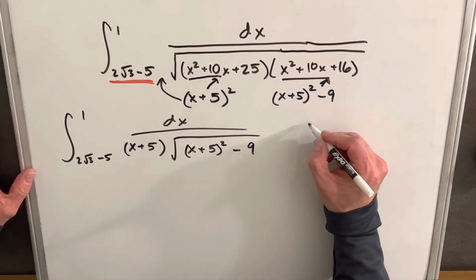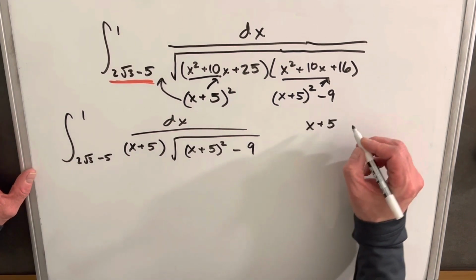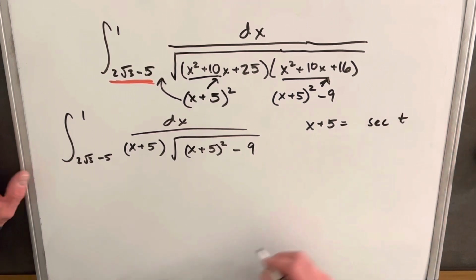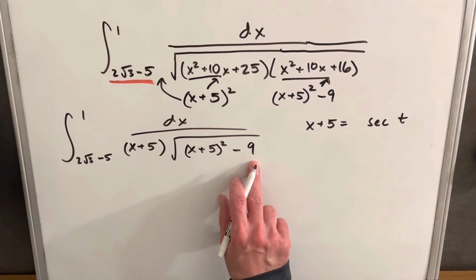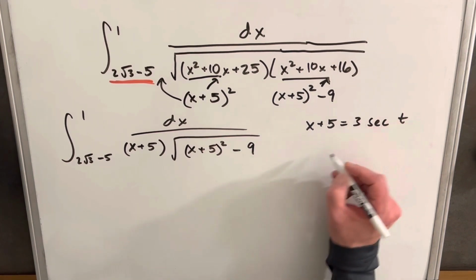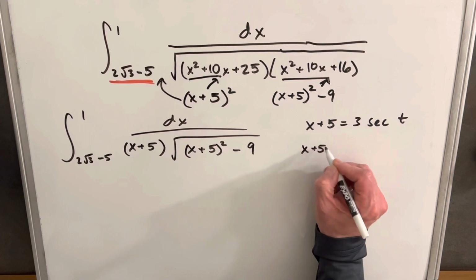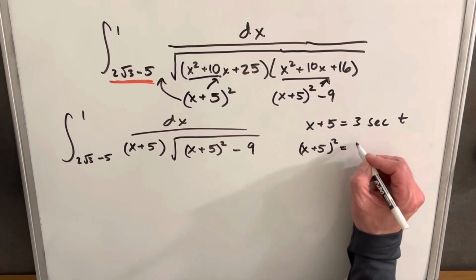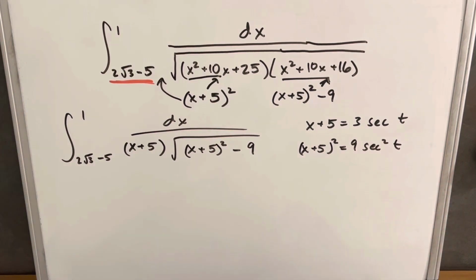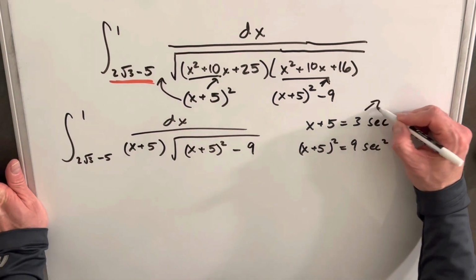For my substitution, I'm going to want x plus 5 equal to secant of t. Now the only thing is this isn't a 1, this is a 9. So if we use 3, then x plus 5 squared in this substitution is going to be 9 secant squared t. While I'm at it, I'll solve for t.